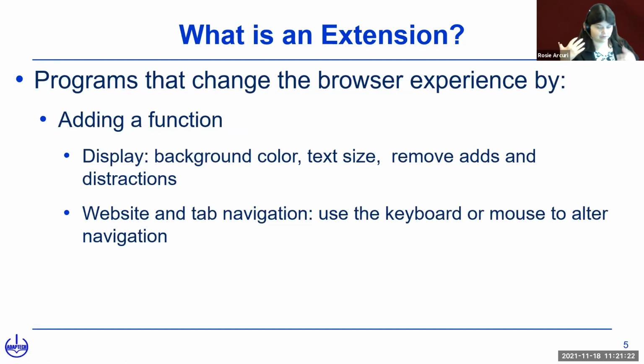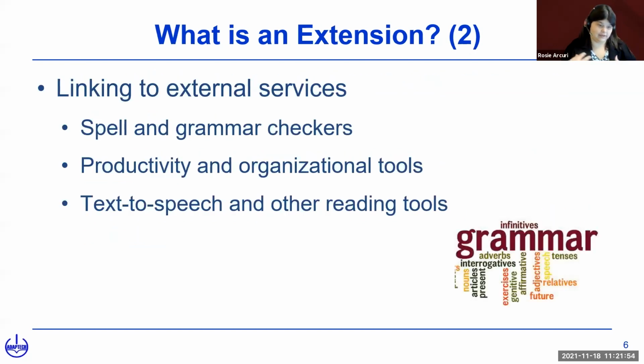So what is a Chrome extension, right? If you've never heard of this before, in short, a Chrome extension is a little piece of software that attaches to your Chrome browser, and it generally does one of 2 things. Either it changes the way your browser works, and that could mean things like changing the display options, like changing the background color, changing the way you navigate something, changing the size of the text that's displayed or how the text is displayed, or it can add on a different feature, a different service that you didn't already have.